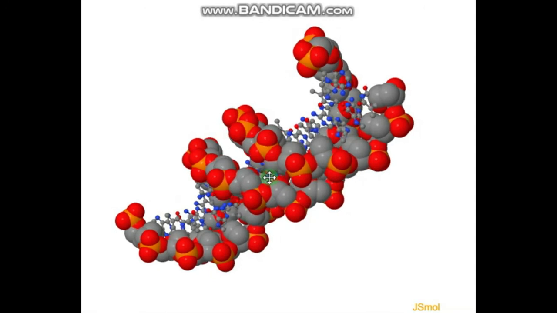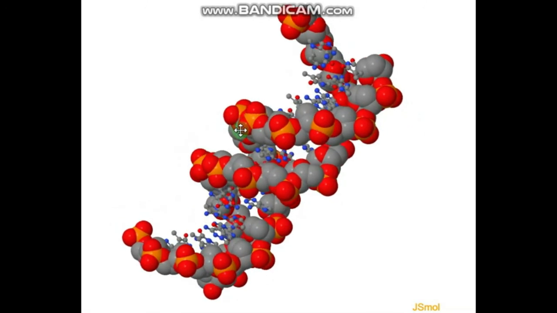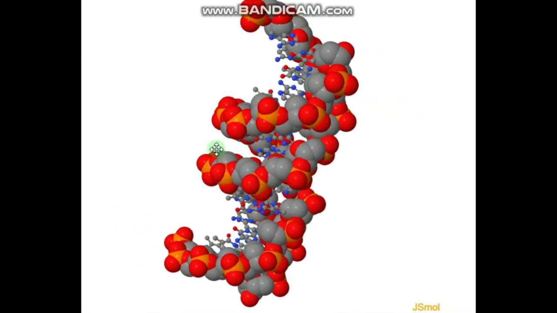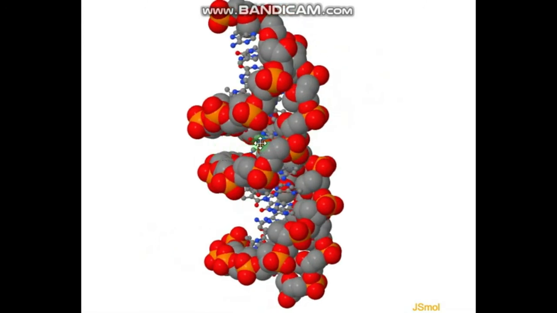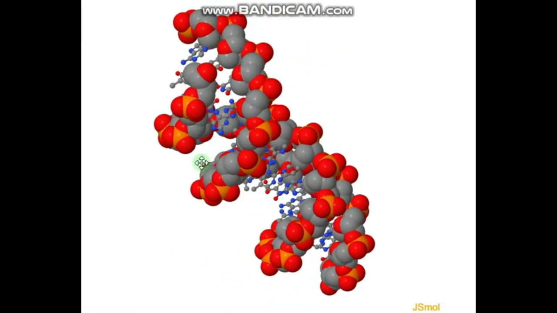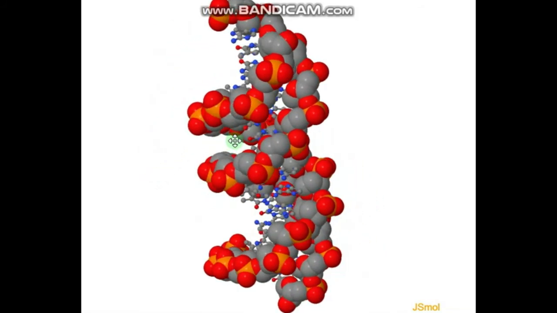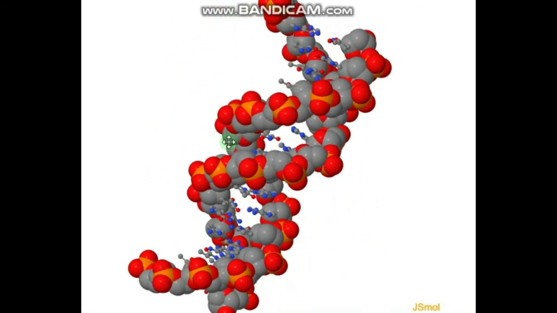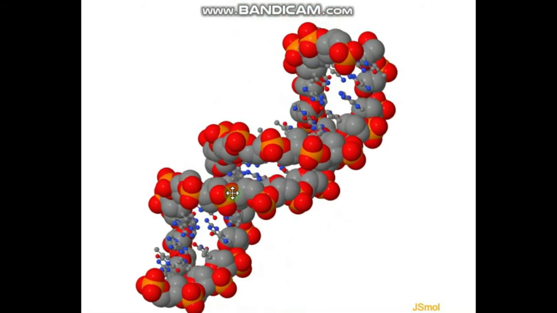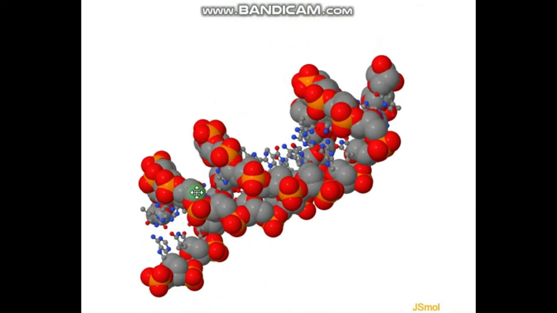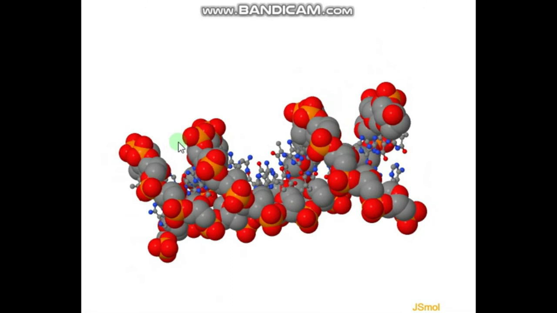And you can trace that round the molecule as we rotate it round. You can see that what that actually is is a narrow groove which continues all the way along the molecule. We can follow it all the way round like this, and you can see that narrow groove is narrow all the way down. And you call that the minor groove of the DNA structure.